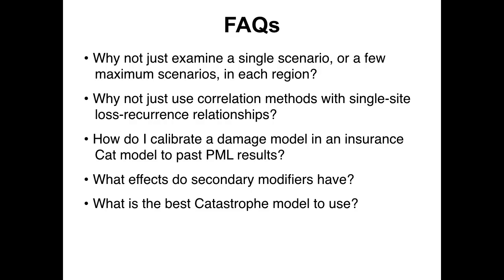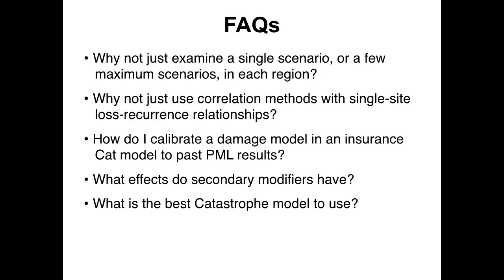And why not just use correlation methods with single site loss recurrence relationships? Because of the geographic correlation of loss, we've selected to use an earthquake by earthquake analysis procedure, and that's suited for doing the stakeholder analysis as well.